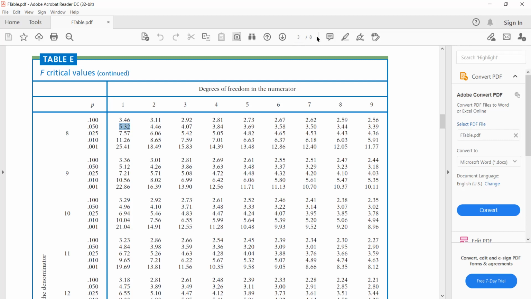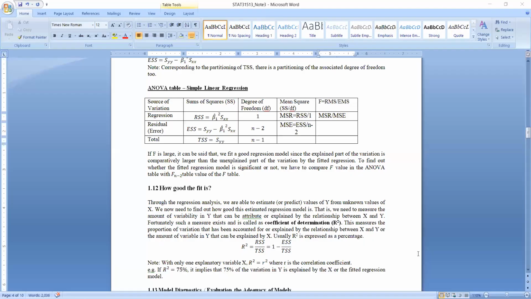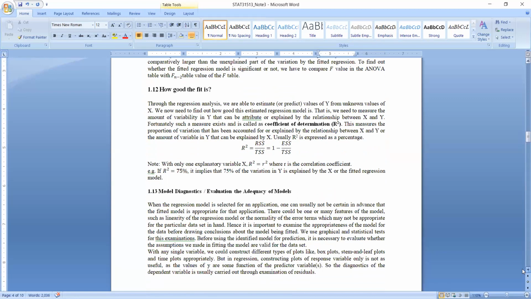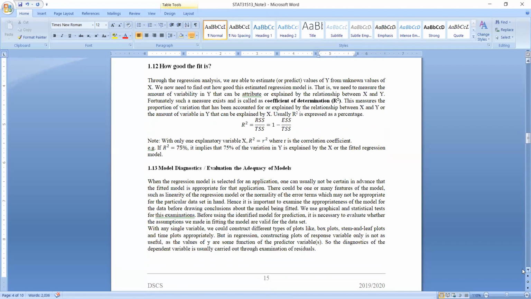So that's how we check the significance of the model using the Anova table. Is that clear for y'all? How to construct the Anova table and how to check these hypotheses using the table values and the calculated values using the Anova table.